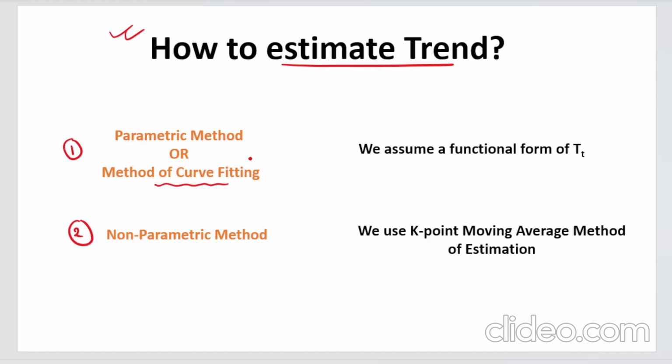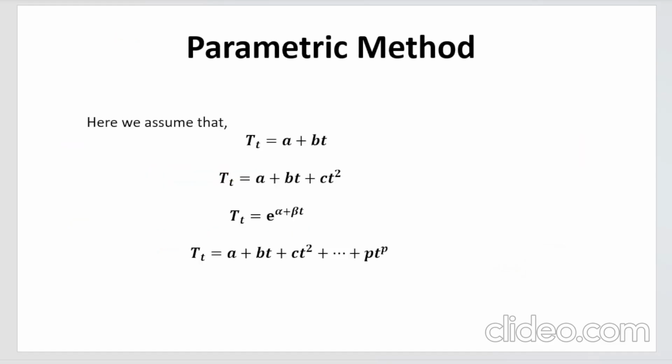In this method, we assume a functional form for the trend component TP. We'll see in a while how we do this. And the second method is called the non-parametric approach, where we use a k-point moving average method of estimation. Now let us go into each of these methods one by one.